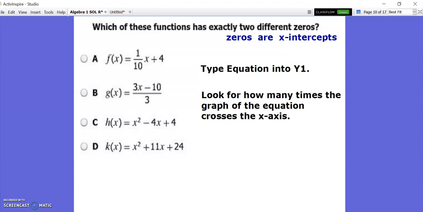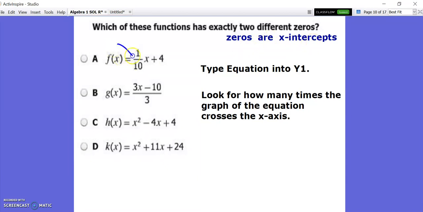You can look at the degree of each of these equations. A and B are both degree 1 polynomials. I know that because they have one variable and the exponent on their variable is an invisible 1 that we can't really see. That means that these two degree 1 polynomials, also called linear equations, will have at most 1 zero or 1 x-intercept, because remember zeros are the same as x-intercepts.